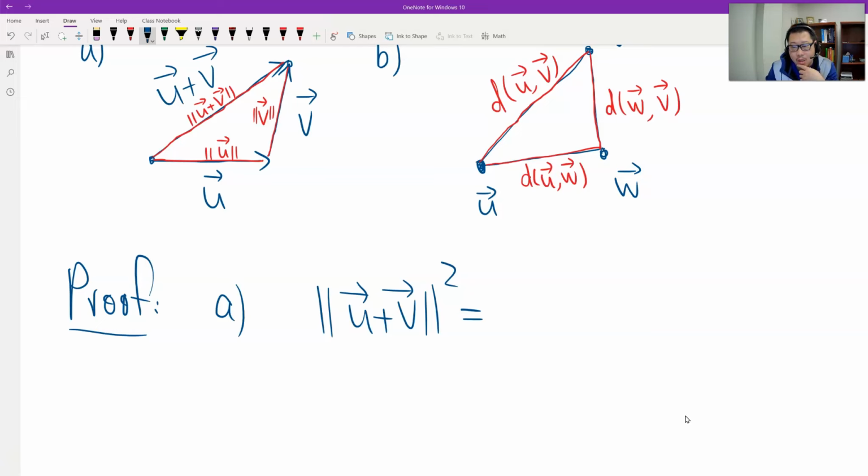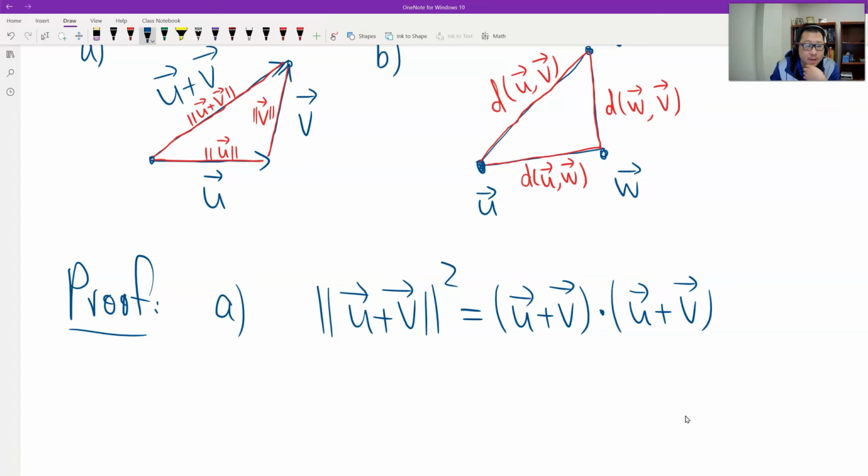So this should be u plus v as a vector dot the vector itself. Okay, the first step. And then I distribute. After distributing, we should get u dot u.